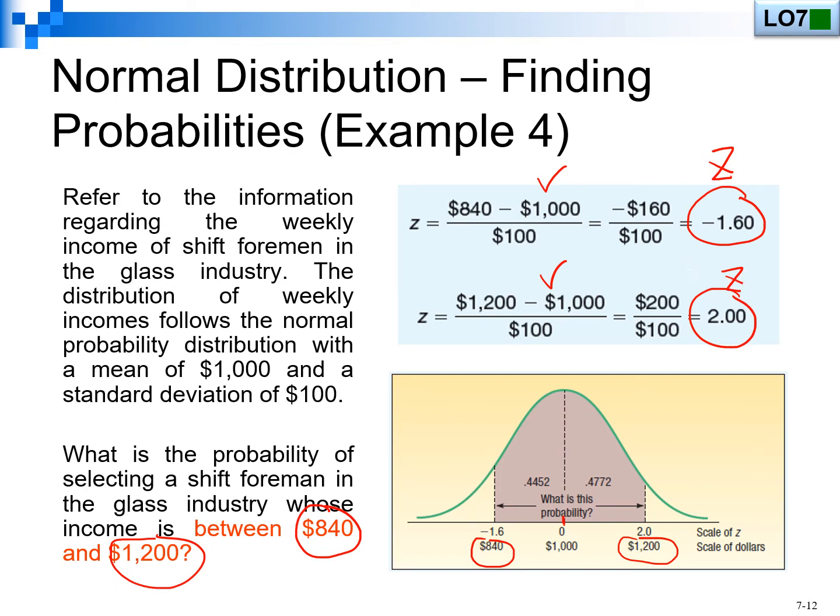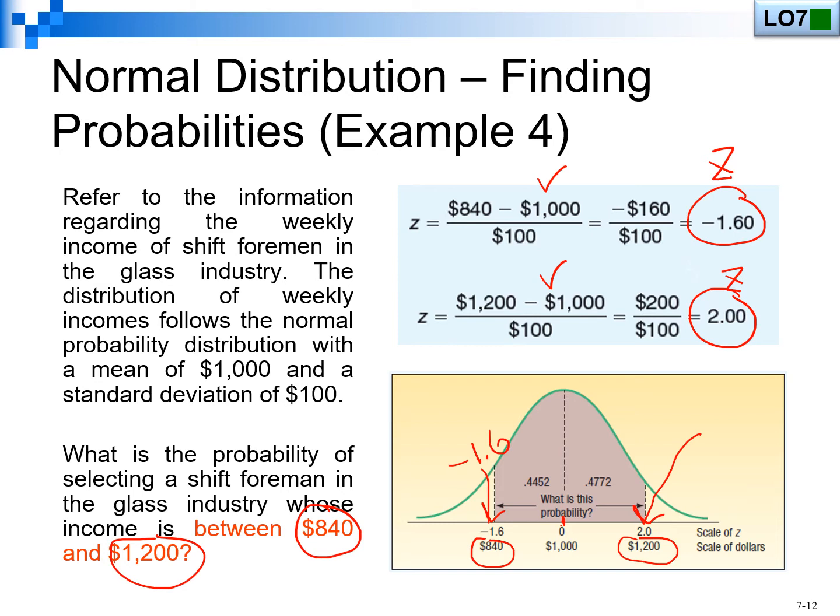So basically, you're looking between these two z values. You've got a negative 1.6, that's that z-score. And you've got a positive 2, which is basically that z-score. So remember, you just have to look up the absolute numbers. So if you go to your z-table and you look up 1.6, remember that's going to give you 0 to 1.6, which is the same as 0 to negative 1.6.